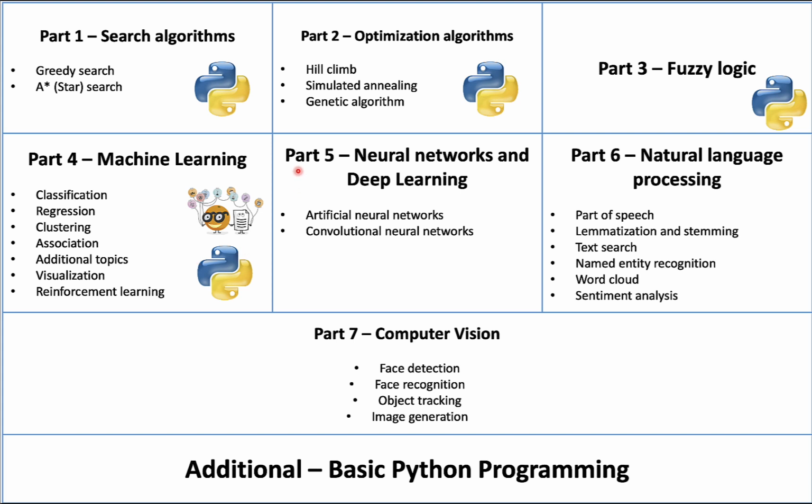Part number 5 is about neural networks and deep learning. Most of the more complex projects and real-world applications are built on neural networks and deep learning.